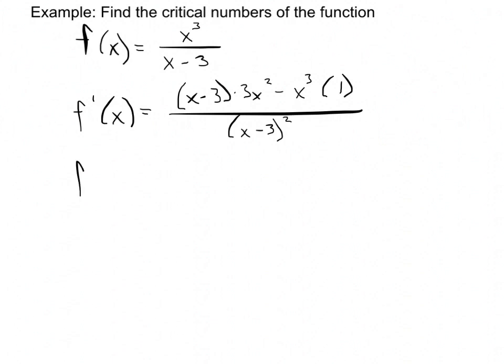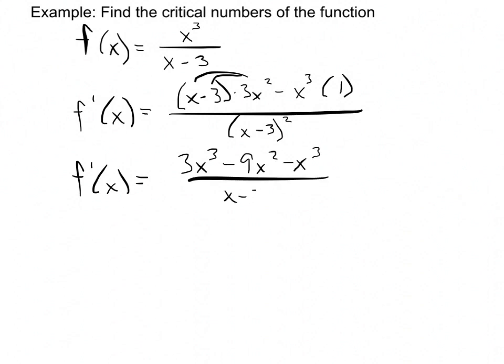Great. Now we simplify this thing. F prime of x is, distributing this thing in, 3x cubed minus 9x squared minus x cubed all over x minus 3 squared.